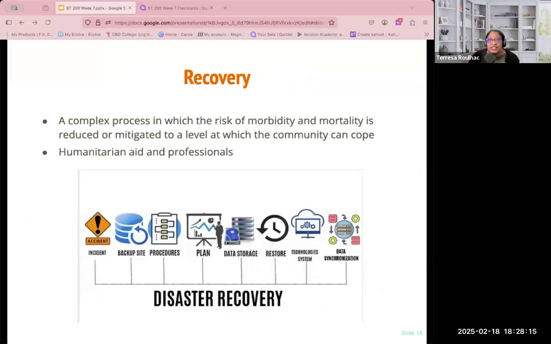In major disasters, reducing the risk of morbidity, which is illness, and mortality, which is actually death, is a complex process aiming to bring down these risks to a level that communities can now kind of manage. How do we achieve this?